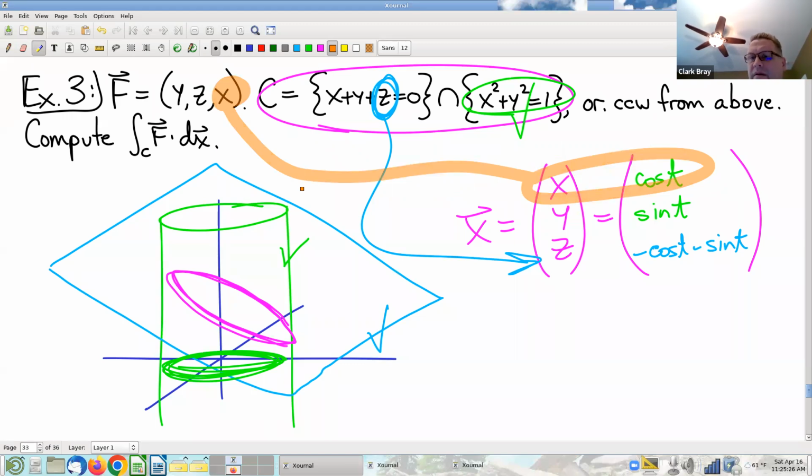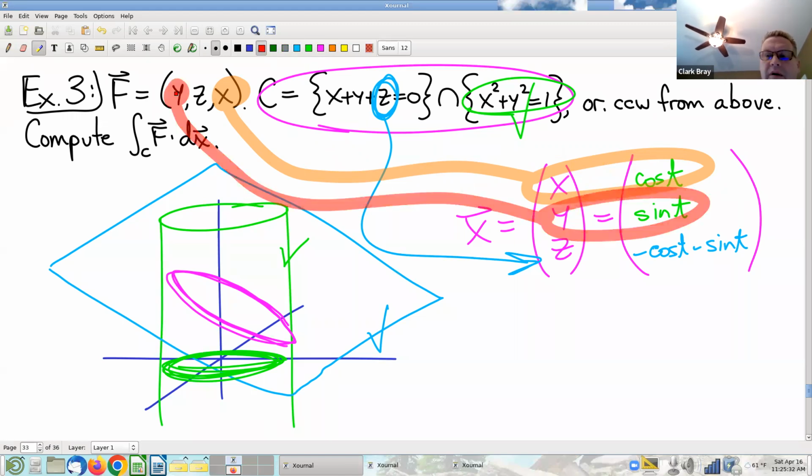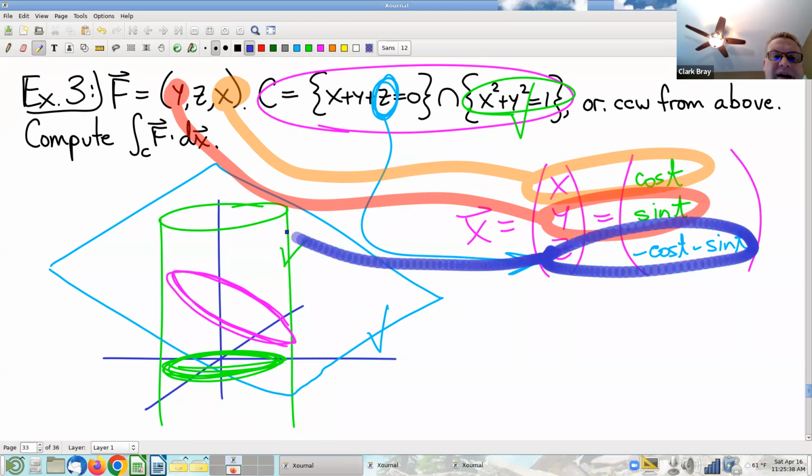It's not bad. And the y is sine t, and okay, z is maybe not my favorite little bit of algebra that I've ever seen, but it's not that bad, right? So you have a not that bad vector field, and we've got a parameterization. You can take the derivative and you're going to get a couple of trig integrals.